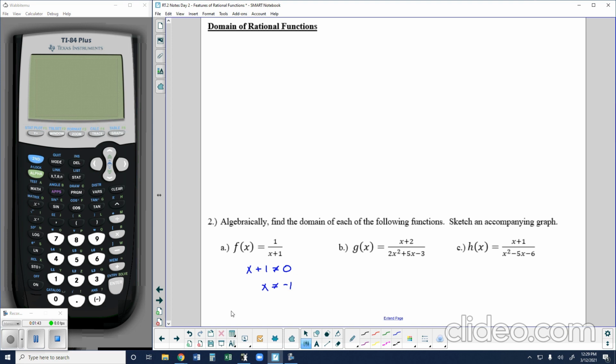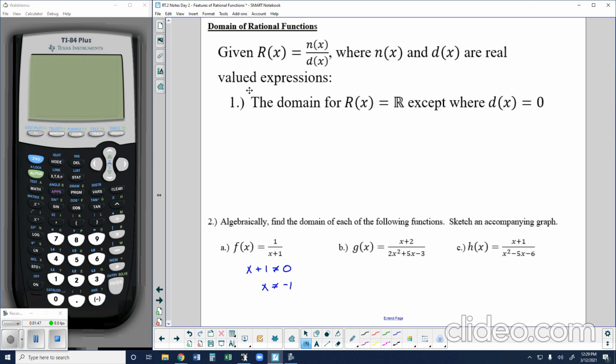This is actually going to hold true. We're going to have a rule that works for any rational expression. Given, let's say, r of x equals n of x over d of x, where n of x and d of x are real valued expressions, so it could be an integer or a polynomial, the domain for r of x will always be all real numbers except where d of x is equal to 0.